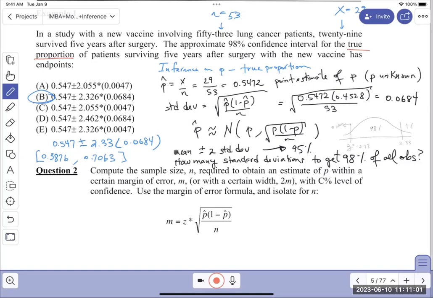So again, retain 4 decimal places when you deal with probability. Yeah, I thought it was 0.7064 because of the rounding. Let me try.